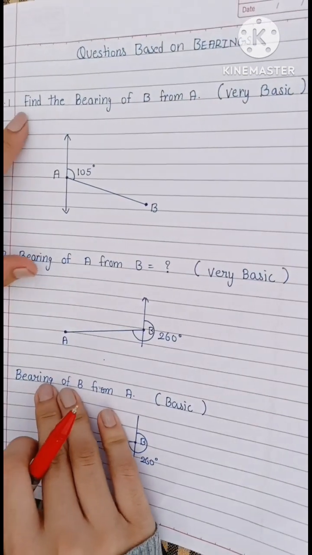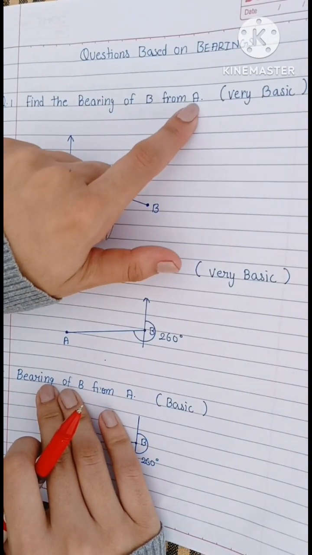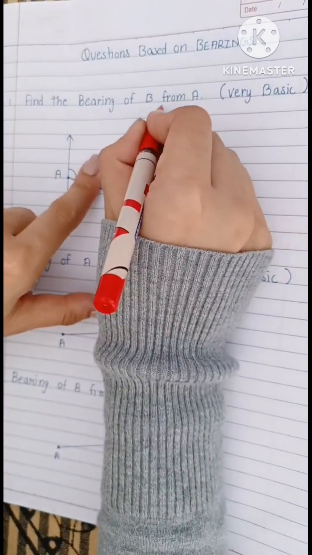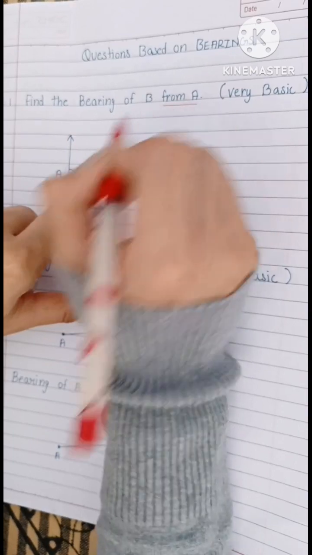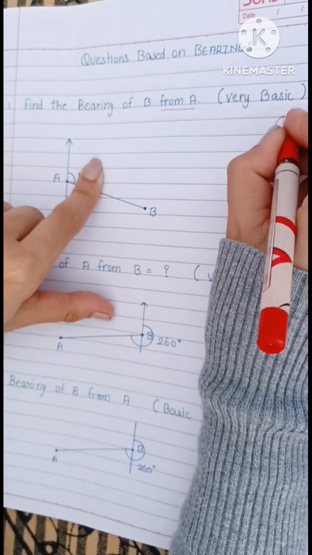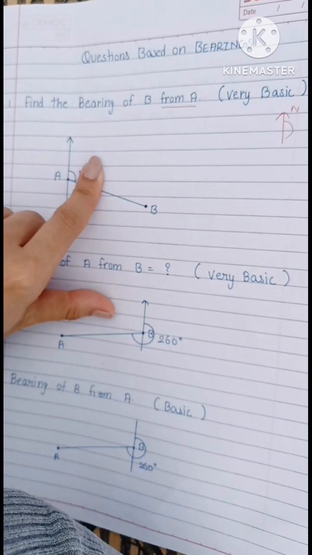Now the first question says, find the bearing of B from A. It means you have to start from A. And what is the rule for bearing? We always start from north and we always move clockwise, right?